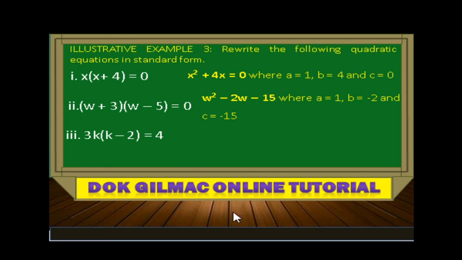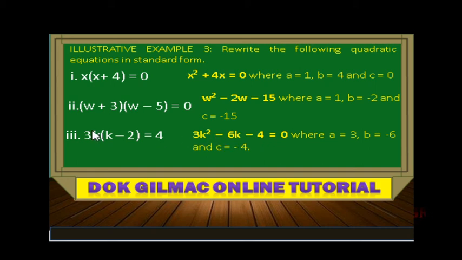So from here, we have 3k squared minus 6k minus 4 equals 0, where a equals 3, b equals negative 6, and c equals negative 4. c is negative 4 since positive 4 is transposed to the left side of the equation. That's why we have negative 4 here on the left side of the equation.